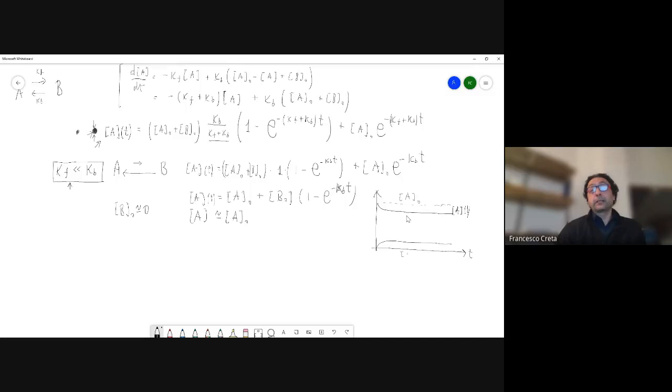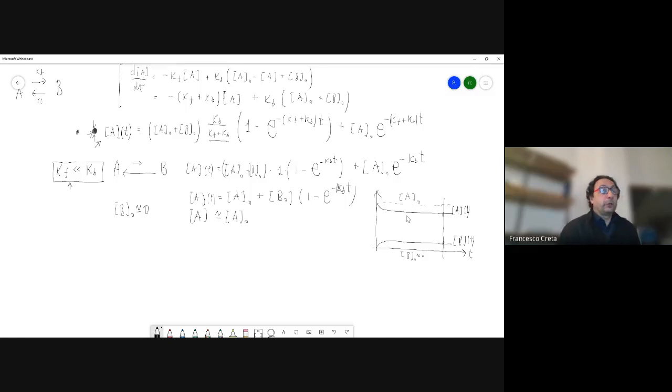If B0 is 0, then B will be very close to the initial value. So if you start from A0, the final composition at a very long time is going to be very close to the initial composition. Essentially, the reaction is predominantly shifted towards the left, towards A.